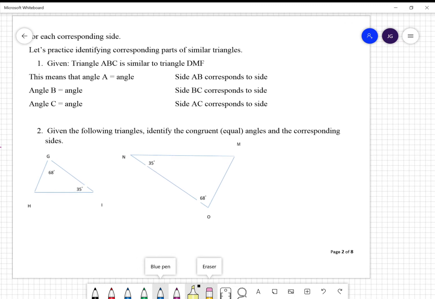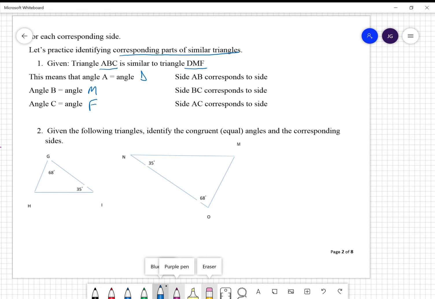Okay, so let's practice identifying corresponding parts of similar triangles. Given that triangle ABC is similar to triangle DMF, angle A equals angle D, angle B equals angle M, angle C equals angle F. Now let's look at the sides.